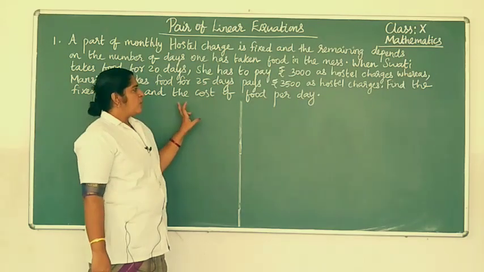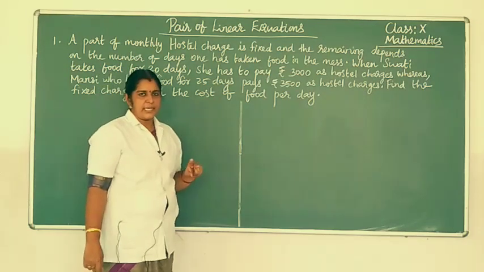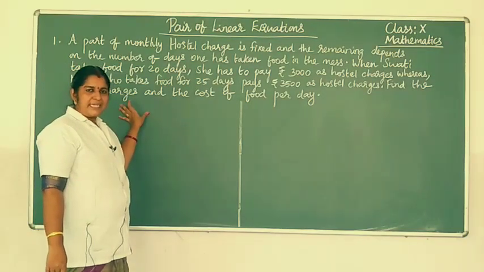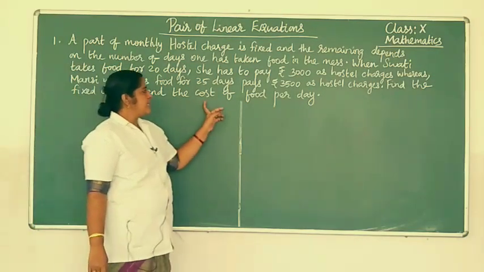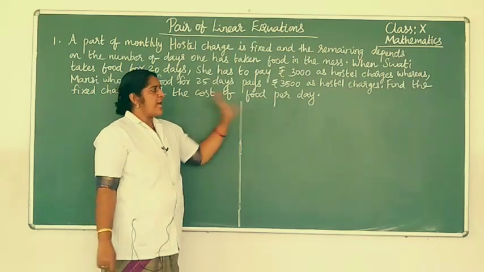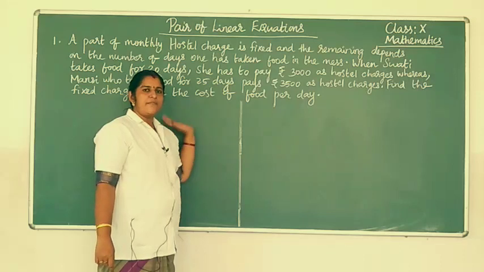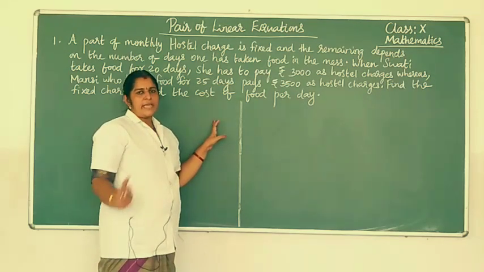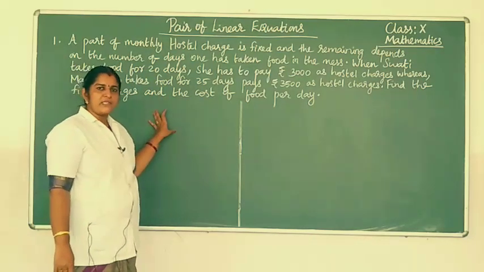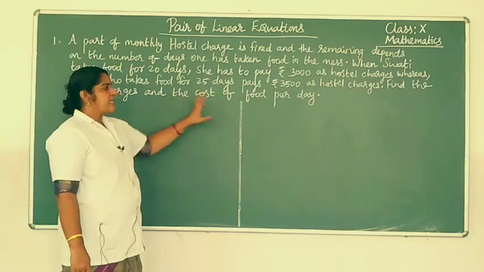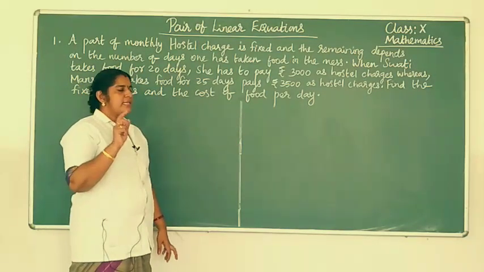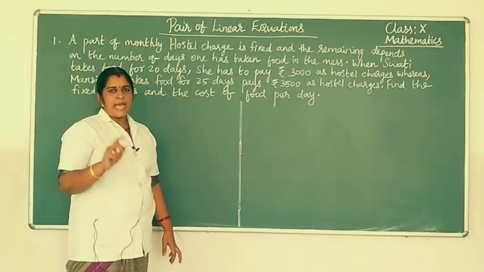So two quantities are mentioned here: one is the fixed monthly charge of the hostel, and the other is the cost of the food for one day. We have to consider these two different quantities as two variables, as we usually do. One we take as variable x, and the other as variable y. That is only the starting of the problem answer.